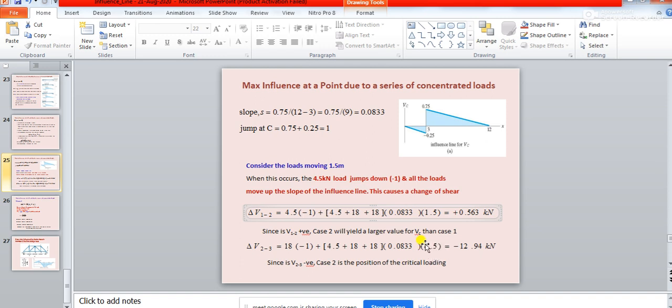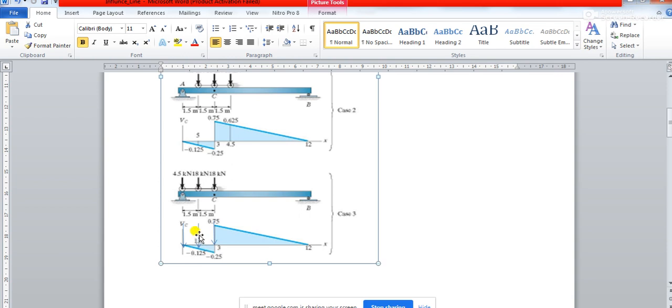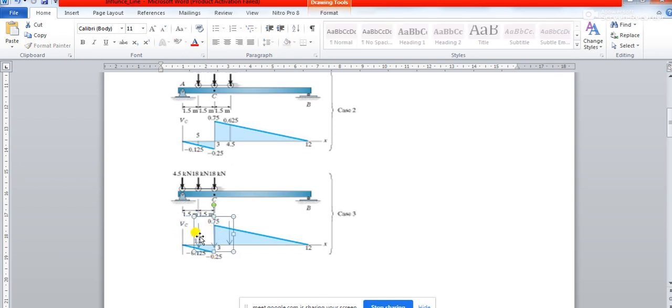Now see what will happen to this, as I have explained, to this 18 kilonewton load, the middle load. When the front load has moved up the slope, before this 18 kilonewton load moves up this slope, it needs to drop by this amount.